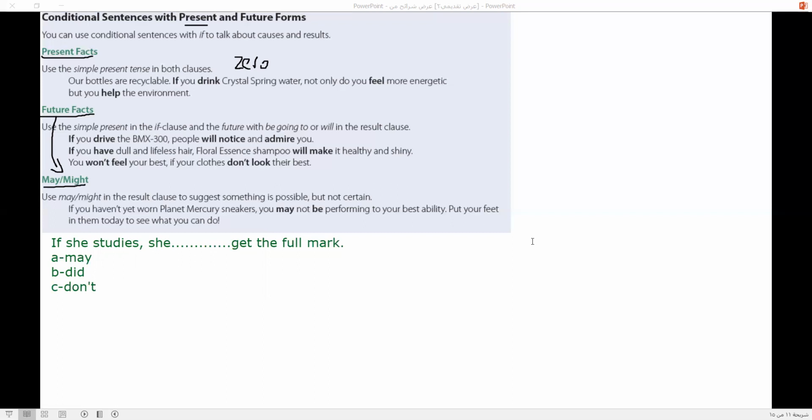If she studies, are you sure, Zainab? She gets the full mark. I have an if sentence, and it is in the present. The only choice that is acceptable for me to choose is she may get the full mark. I cannot use did in the past. I cannot use don't because it does not come with she. Okay, I will give another example. You see, it depends only on the choices.